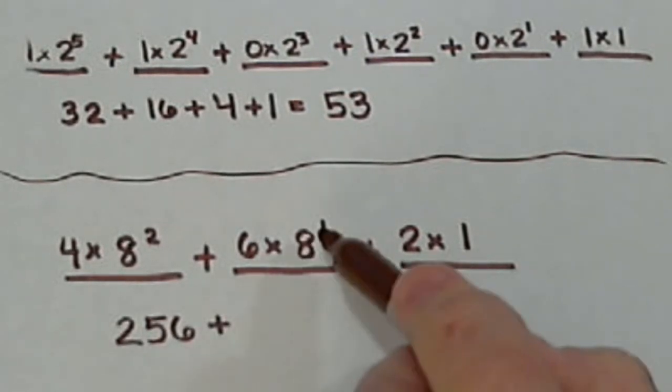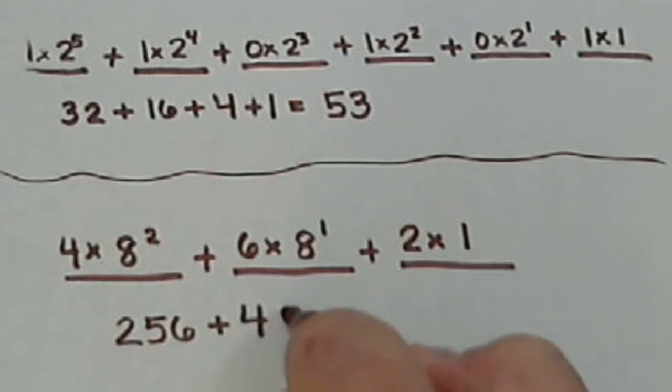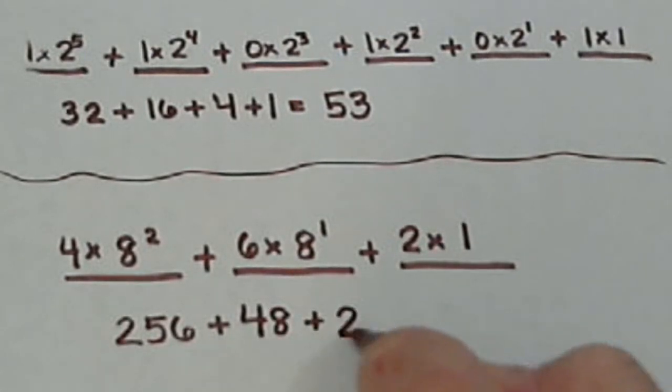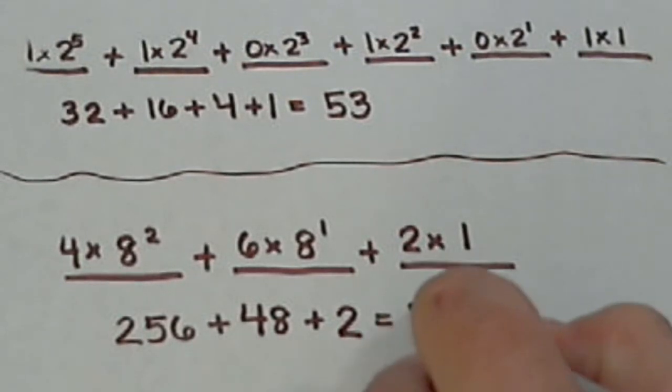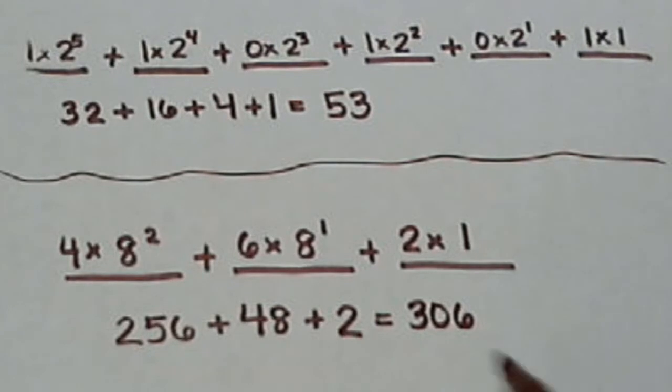Plus 8 to the first power is just 8. 8 times 6 is 48. And then 2 times 1 is 2. So if we add these together, 256, 48, and 2, we get that the octal number 462 is the decimal number 306.